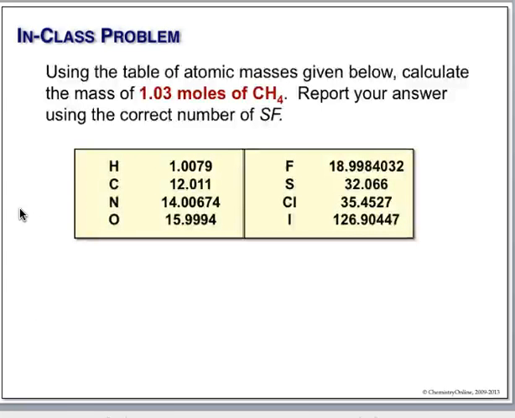All right, on an exam once, I gave this little table and I gave this problem. Pretend you're taking an exam. I have 1.03 moles of methane. That's carbon tetrachloride. Calculate the mass of 1.03 moles of carbon tetrachloride.